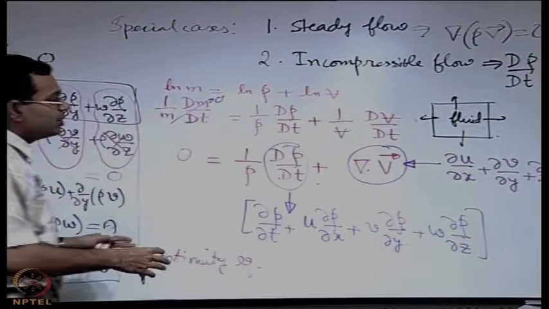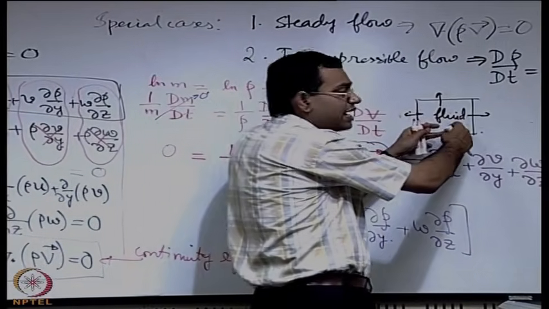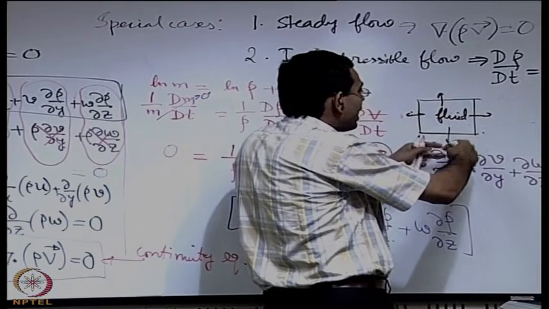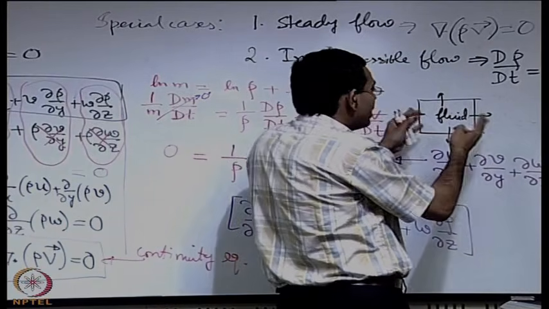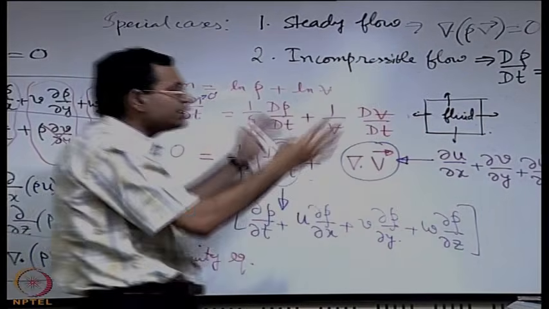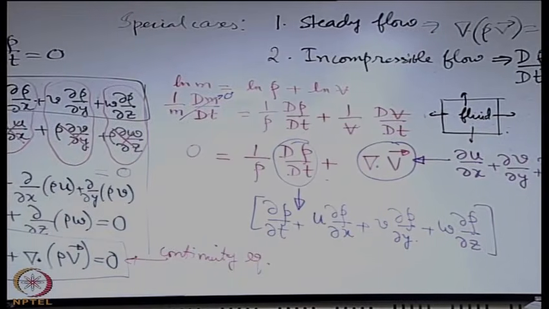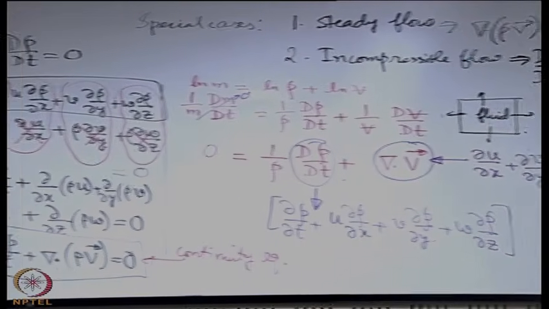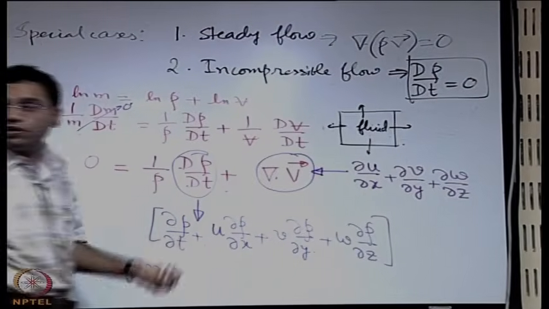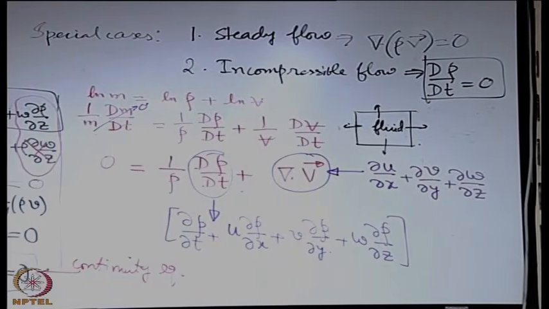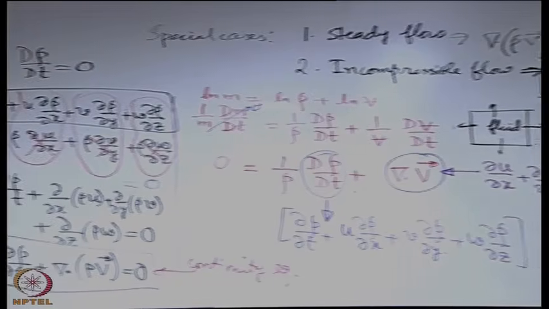So to balance what is happening locally and what is happening over the volume element, you might have to adjust with velocity across the different faces of the element. So in summary, the incompressible flow definition is that the total derivative of rho with respect to t is 0, not just that rho is a constant.